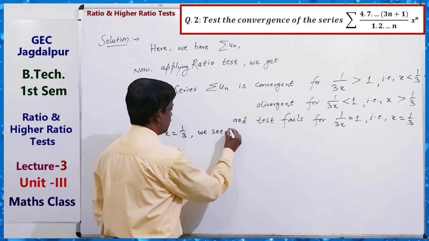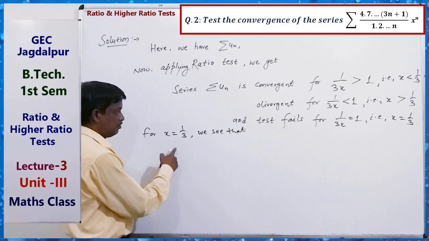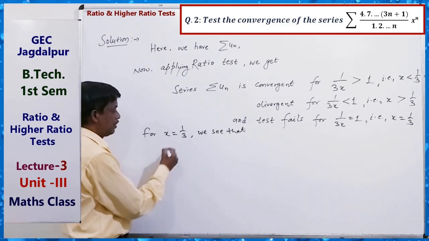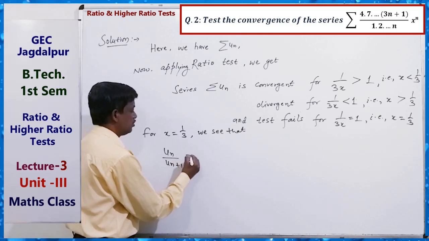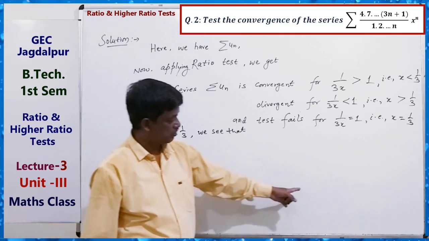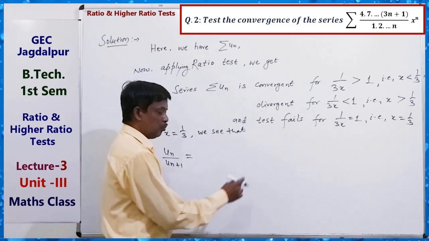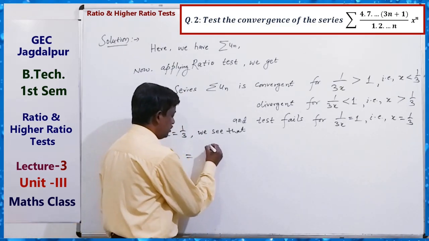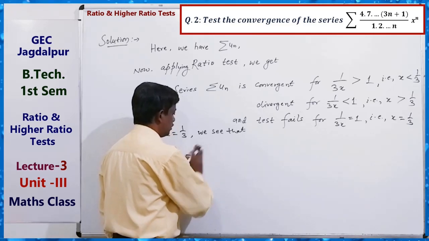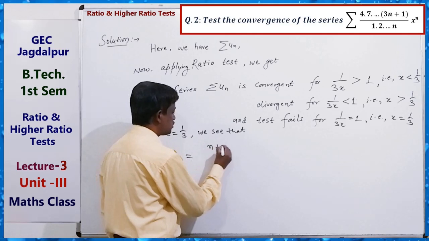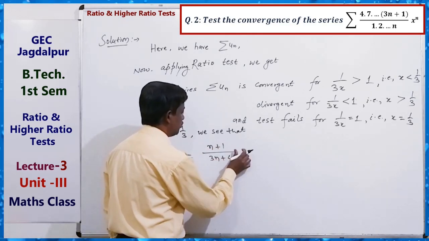We see that un upon un plus 1 equals, what value are we getting there? 1 upon n plus 1 upon 3n plus 4.